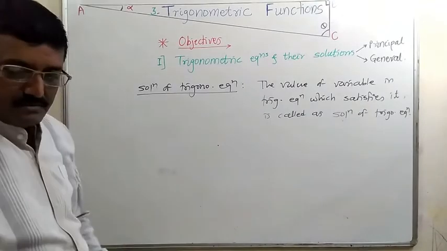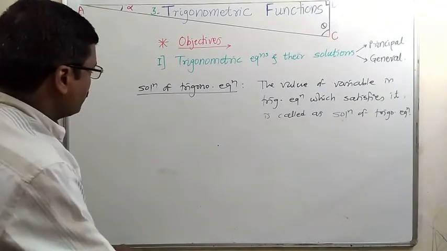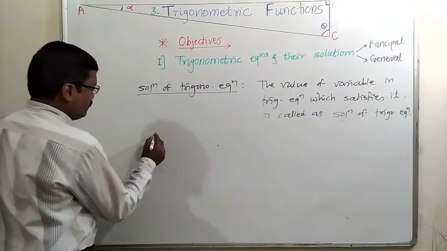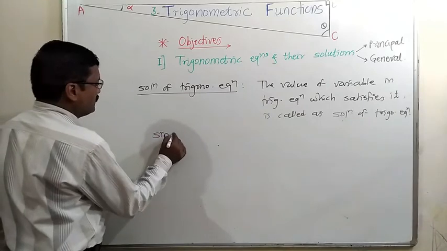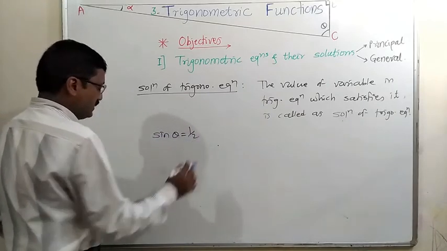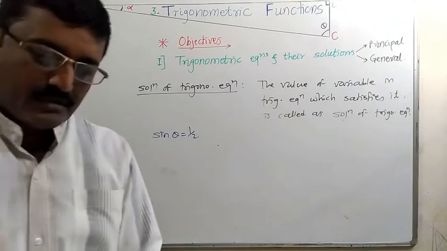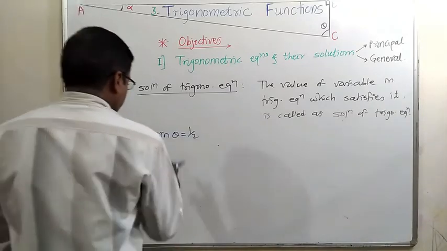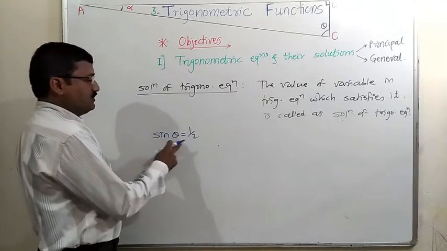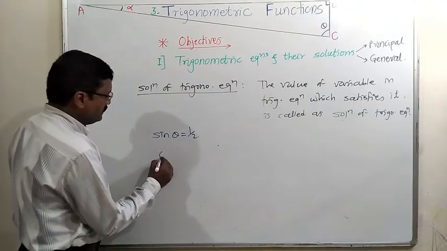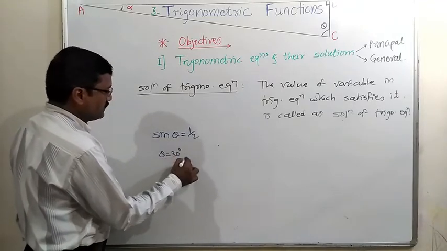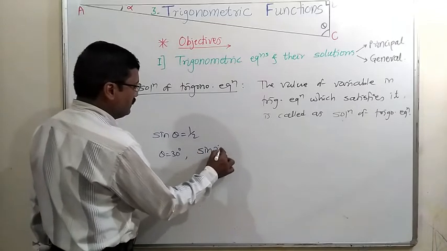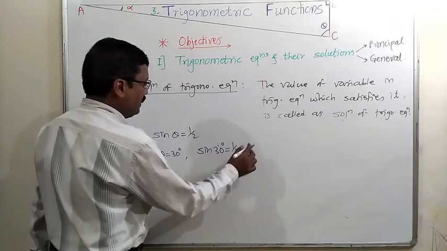Already we have taken some examples of trigonometric equations. Let us take once again, suppose sin theta is equal to half. It is very simple. If sin theta is equal to half, then we know the angle whose sine ratio is half. Obviously, if theta is equal to 30 degree, then sin 30 degree is equal to half.